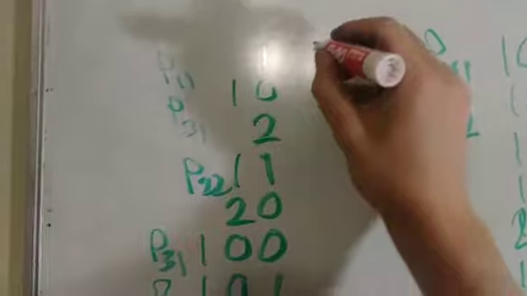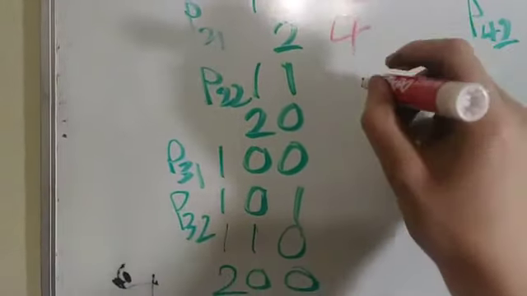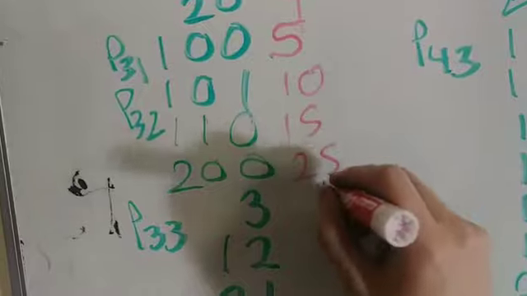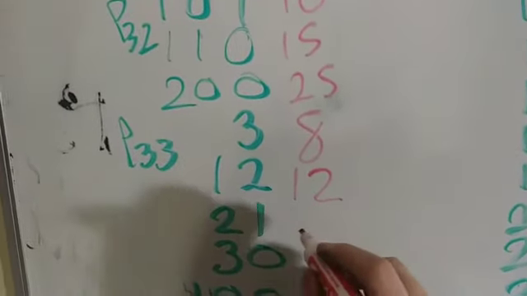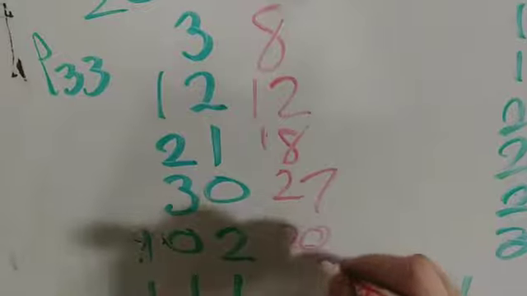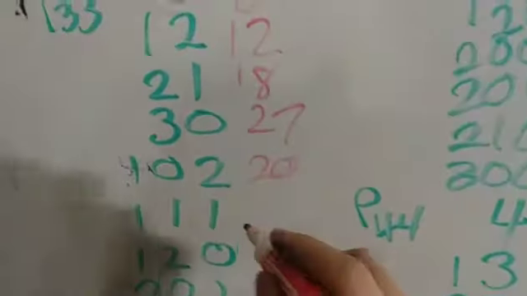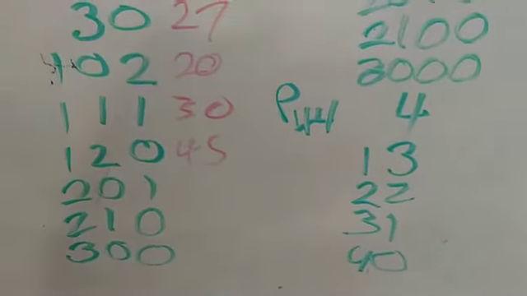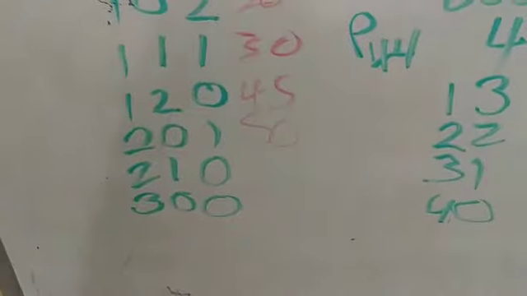Okay, so 2, 3, 4, 6, 9, 5, 10, 15, 25, 8, 12, 18, 27, 5 times 4, 20, 5 times 3 times 2, 5 times 6 is 30, 5 times 3 times 3 is 45, 25 times 2 is 50, 25 times 3 is 75, 25 times 5 is 125. And then, what do we have next?